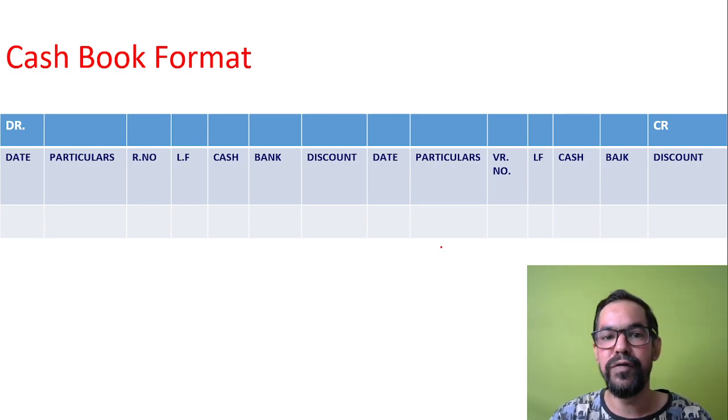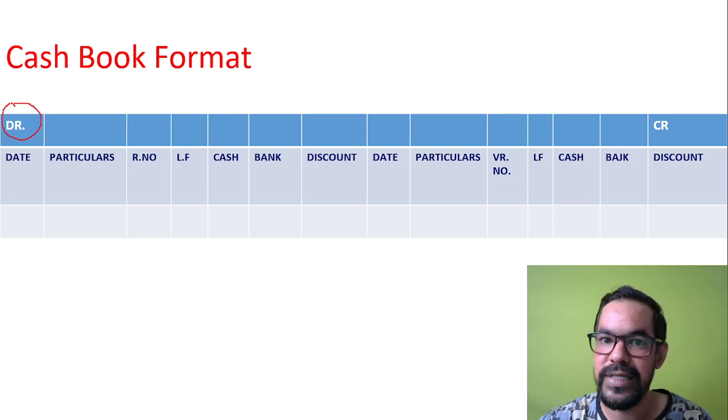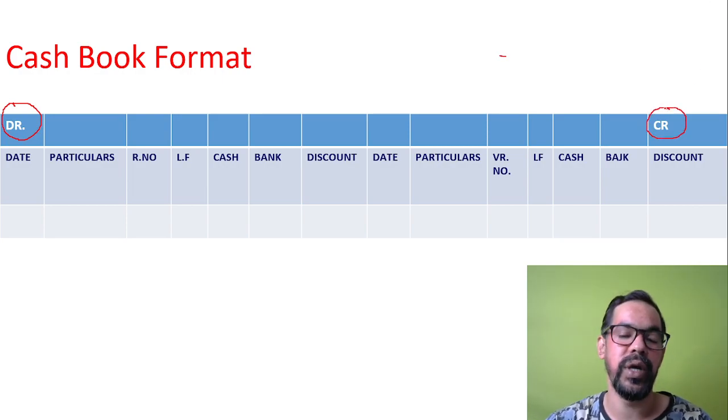If you see the format of the cash book, the left side is the debit side, the payment side, and the right side is your credit side, which is the receipt. Receivables are generally part of your credit entries. The columns are the same.